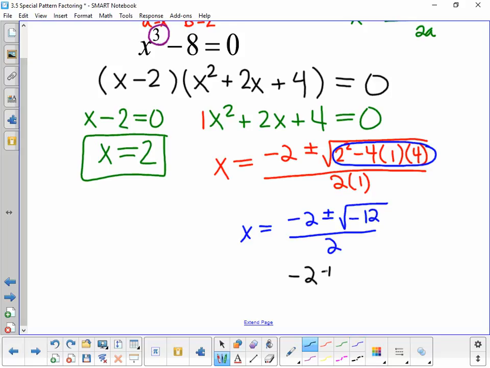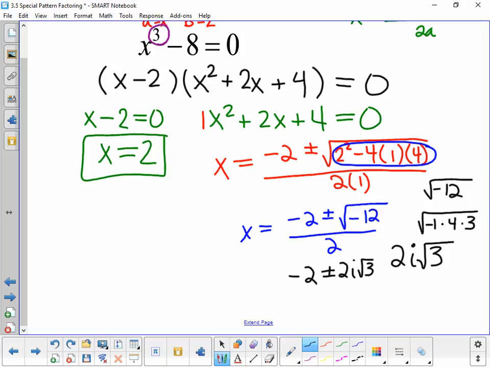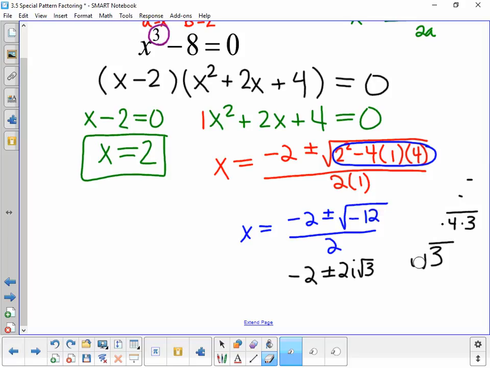Well, negative 2 plus or minus the square root of negative 12 is the same as the square root of negative 1 times 4 times 3. The negative 1 gives us an i when we take the square root of it. The 4 gives us a 2, and the root 3 we can't do much with. So this is a 2i root 3. And then we still have that all being divided by 2.